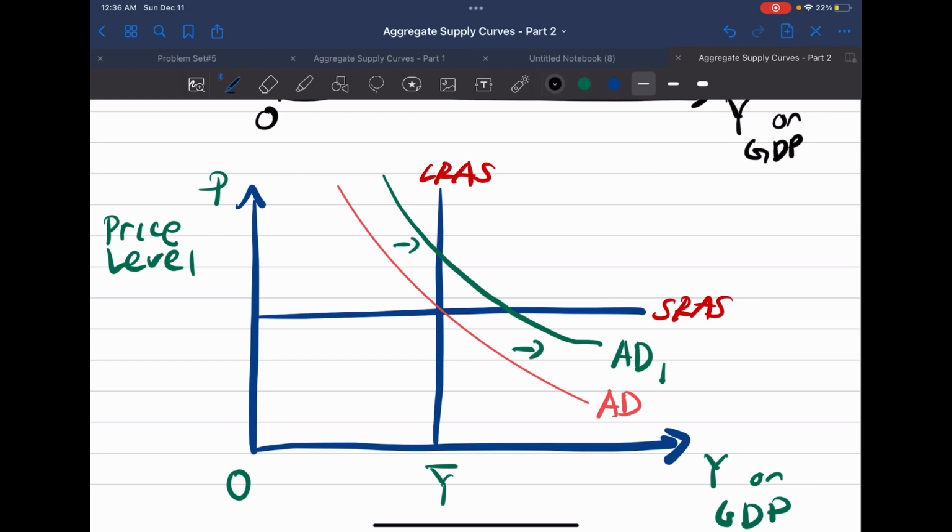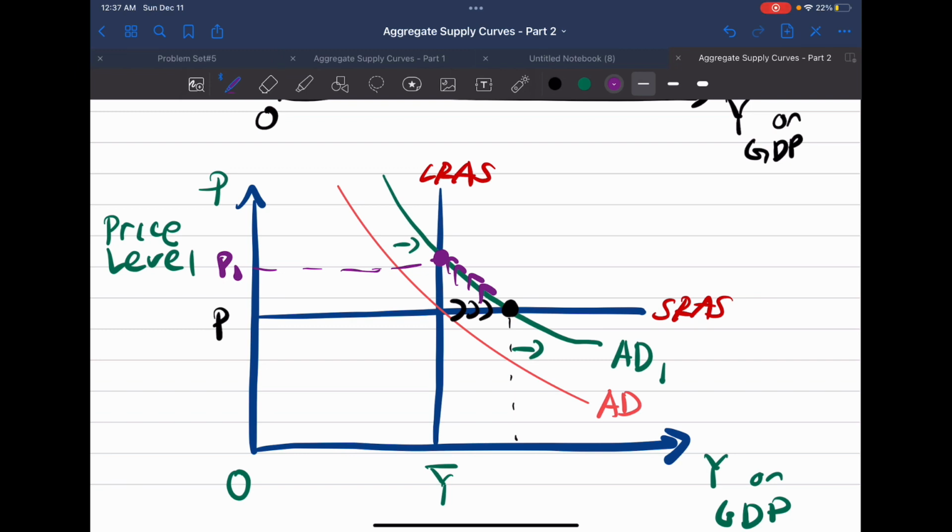We can see that in the short run, since prices are sticky, this will only result in an economic boom, just a temporary economic boom in the society. However, this will then generate an upward pressure towards the LRAS curve, which will result in higher prices in the economy in the long run.